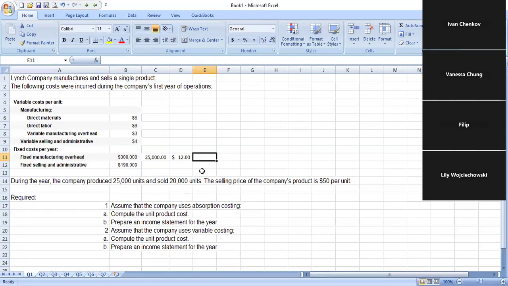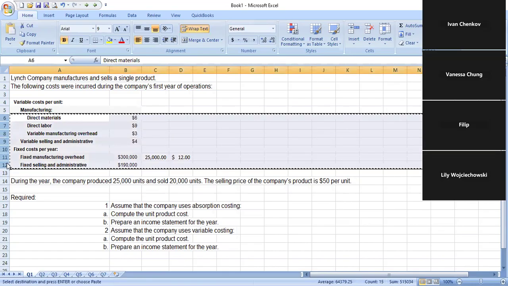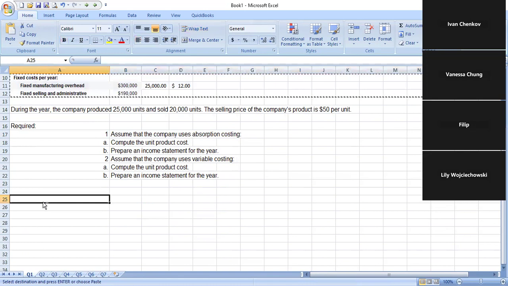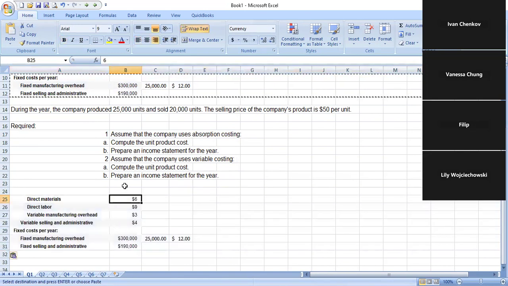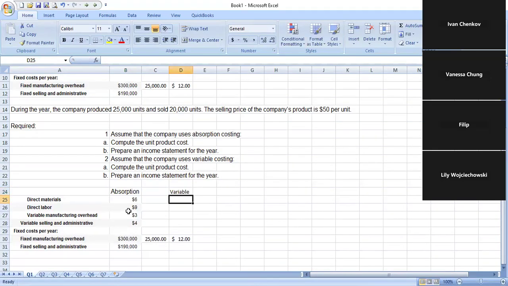At this point, I have everything I need. I'm going to copy this entire information and move it here, and then start working. First will be my absorption, and the second one will be my variable. Make sense?